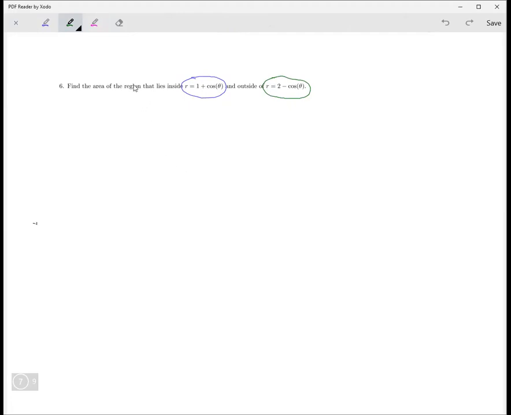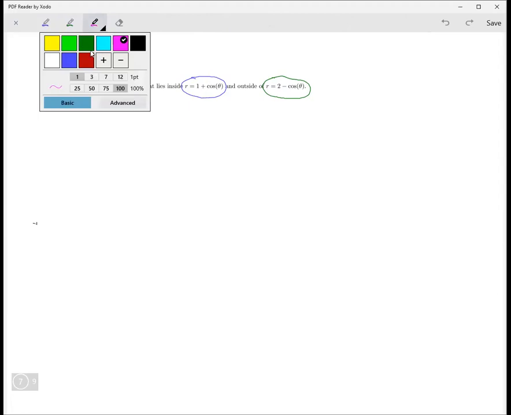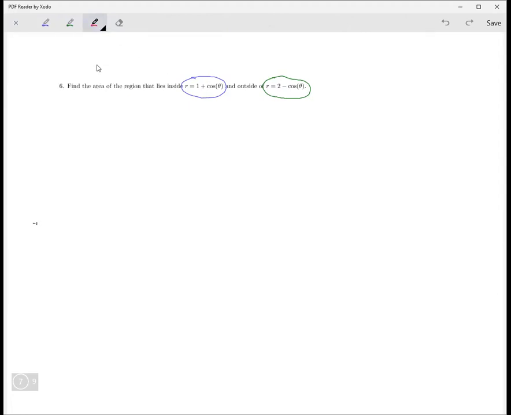So the underlying idea will be this though. If you want it inside one curve and outside the other, then your area is going to be something like this.